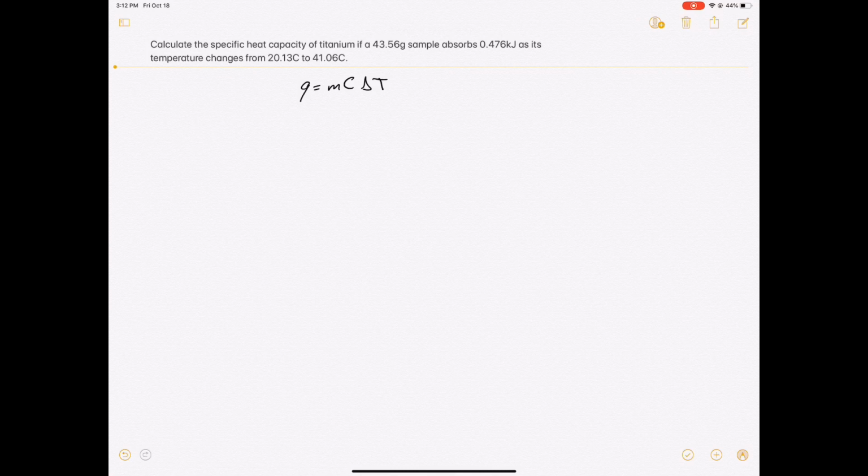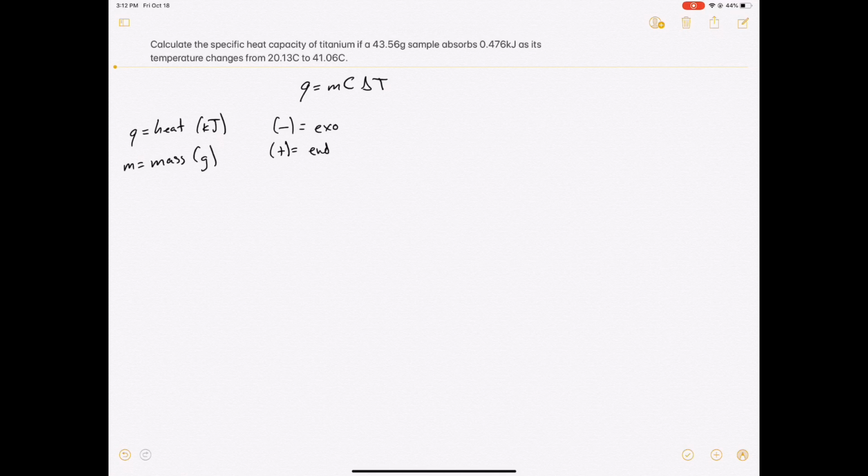Really quickly, let's remind ourselves what each value represents. Q represents heat in kilojoules. A negative Q means exothermic, and a positive Q means endothermic: exothermic is heat being released, and endothermic is heat being absorbed. M is mass in grams.